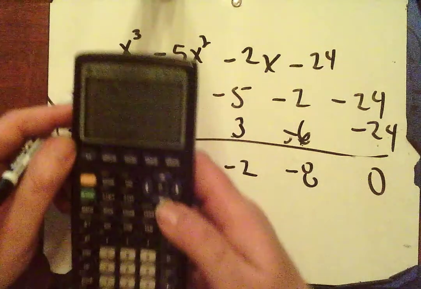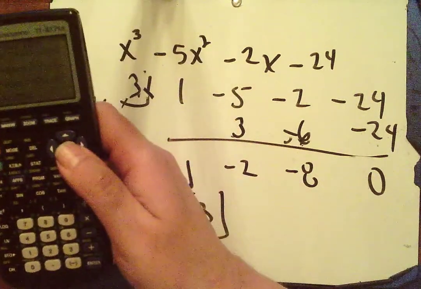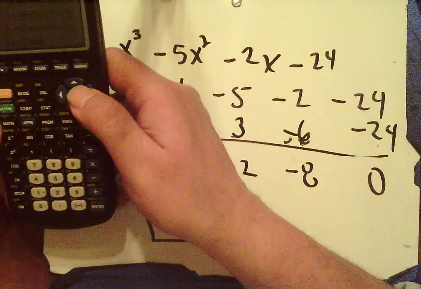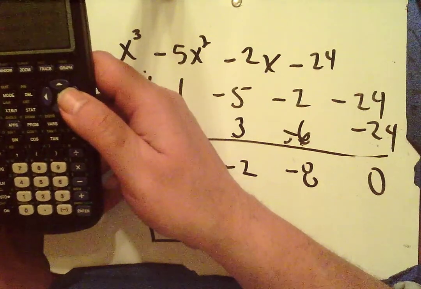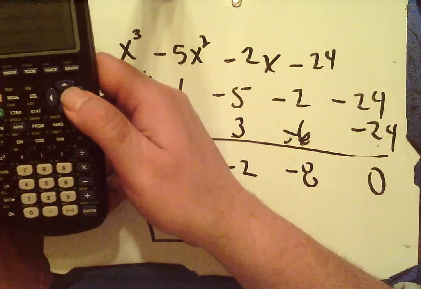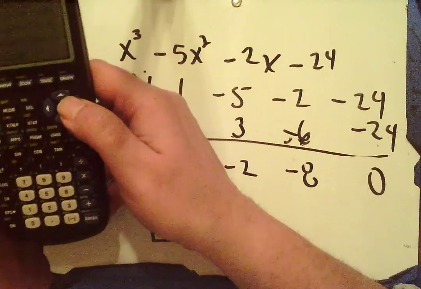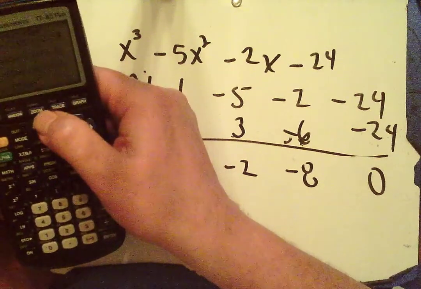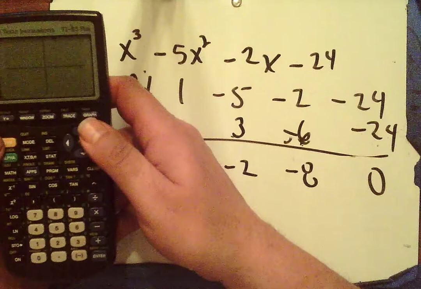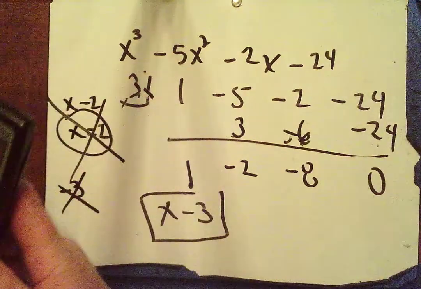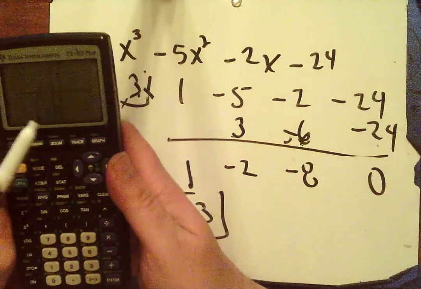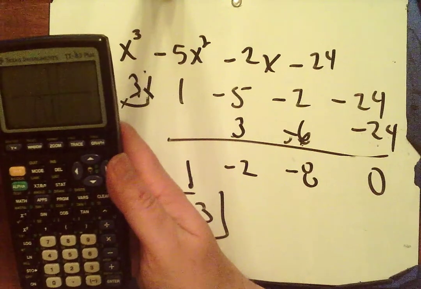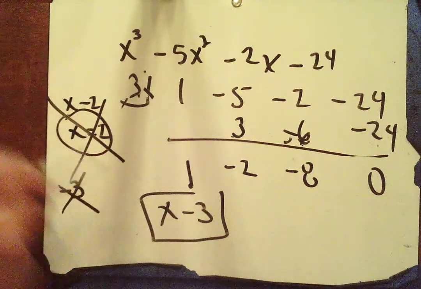I'm just going to quick graph this polynomial, x to the 3rd plus 5x squared minus 2x minus 24, nice. Zoom standard and C. 1, 2, 3, 4. Huh, that's funny.